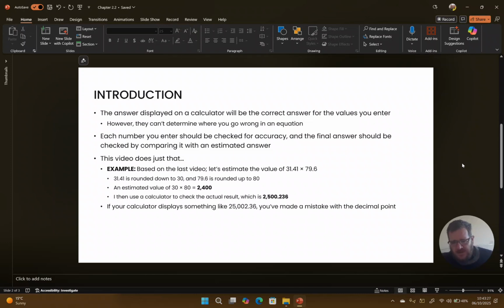And then I'd use the calculator to check the actual result. This will be the calculator that I use, because there are some questions that require fractions. If I put that in, that should be the answer that you get if you multiply those normally.